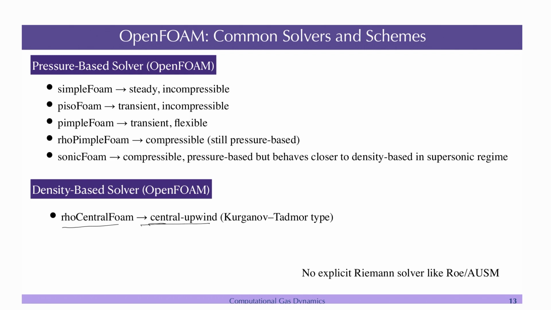It uses central upwind, basically like the central differencing we have discussed, but with certain upwinding attached to that, otherwise it will not be stable. This is proposed by Kurganov and Tadmor. It does not have a Riemann solver like Roe or HLLC, as we have discussed earlier, but there are certain new implementations which are coming up, and you can take a look. So, these are the solvers that we have.